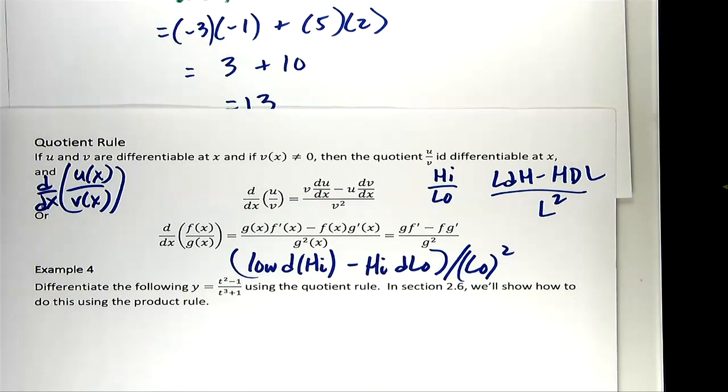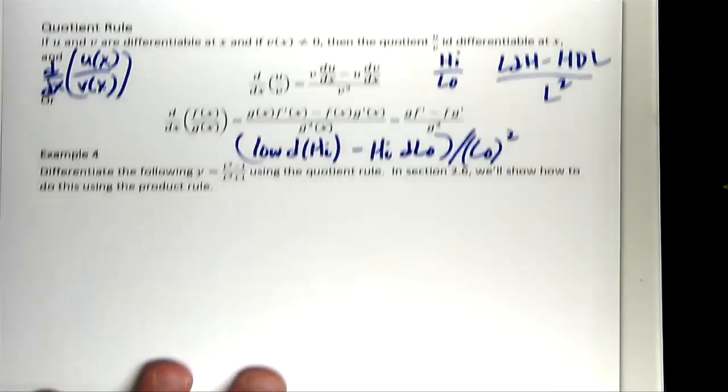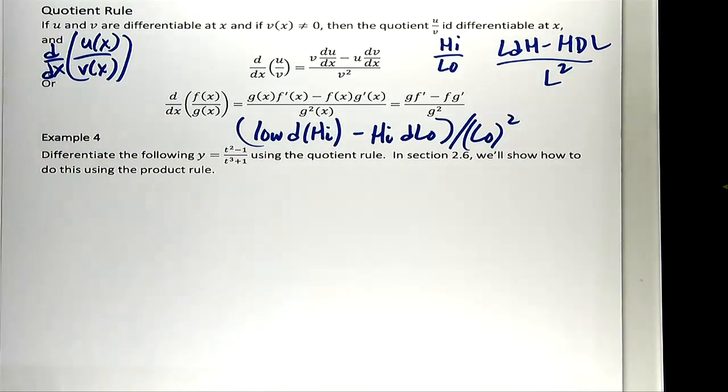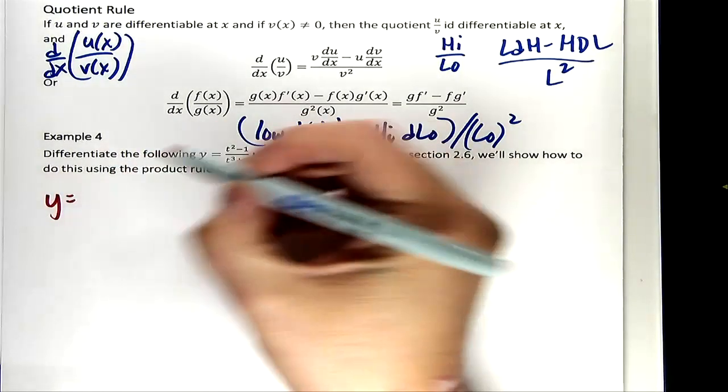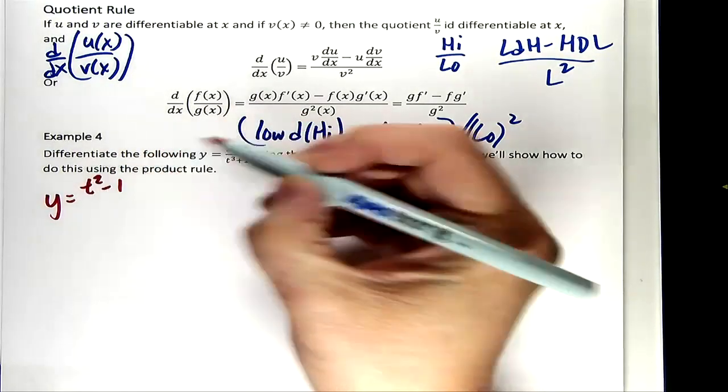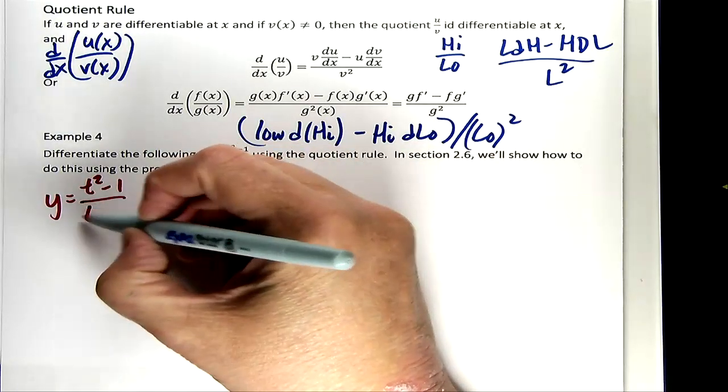Let's walk through an example though. So I have y equals t squared minus 1 on top, t cubed plus 1 on bottom.